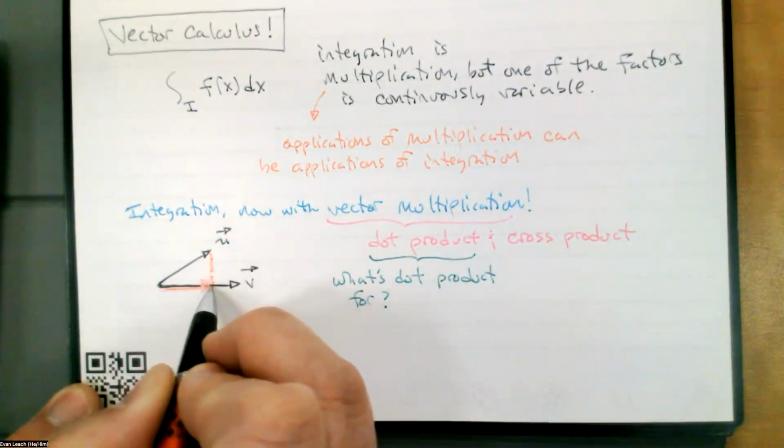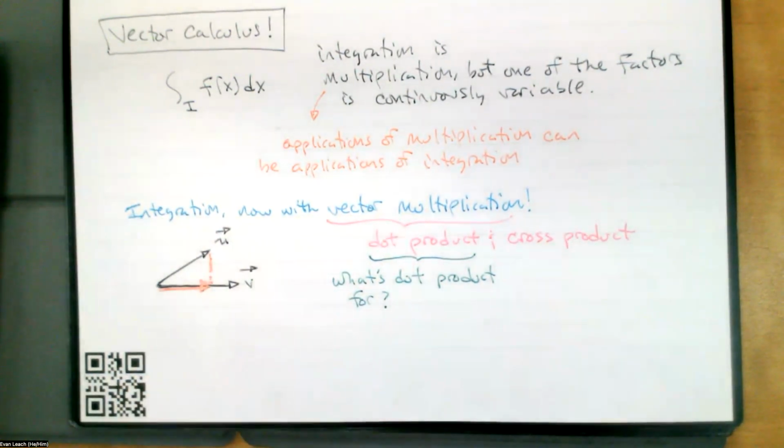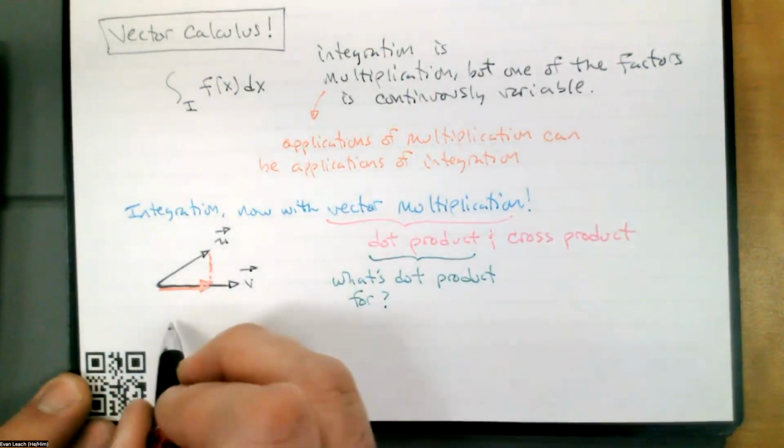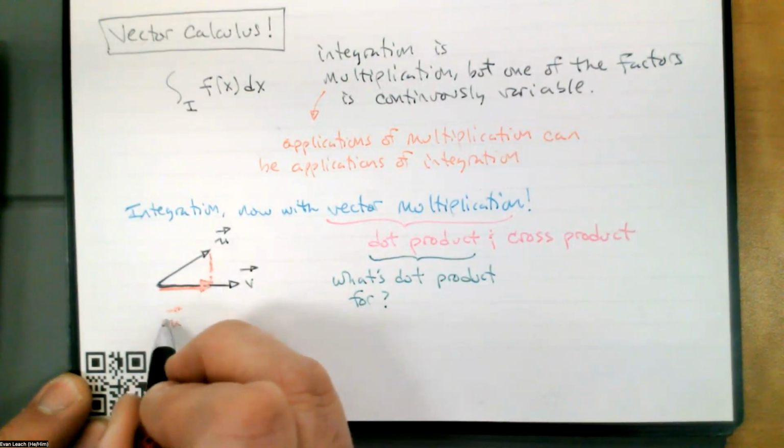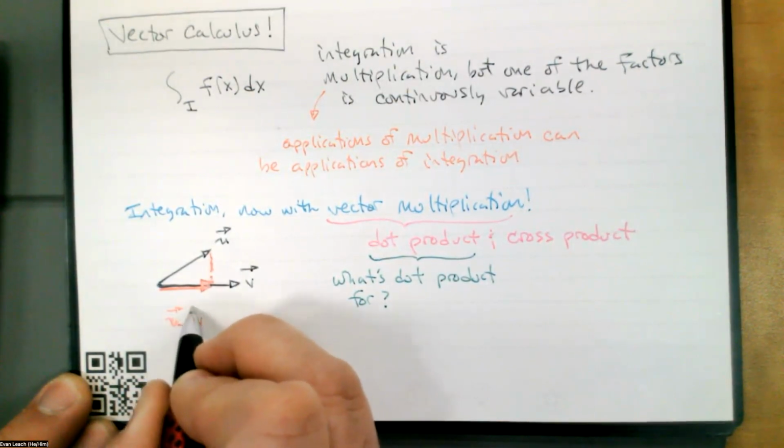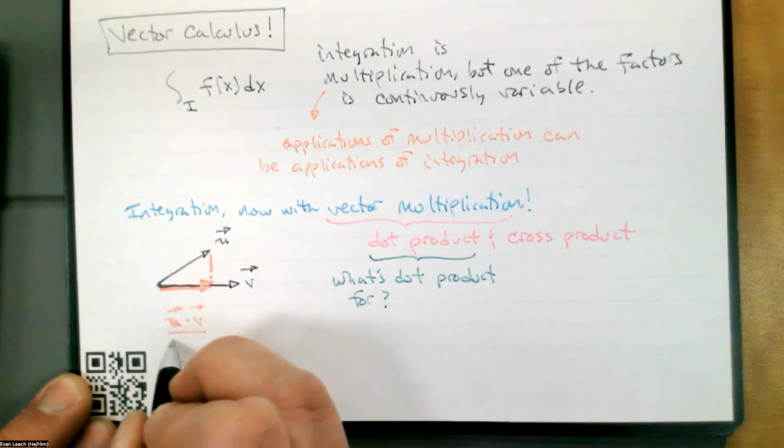So if we make v a unit vector, we're getting the v component of u. Or if we find u dot v and just divide by the length of v, we're getting the v component of u.